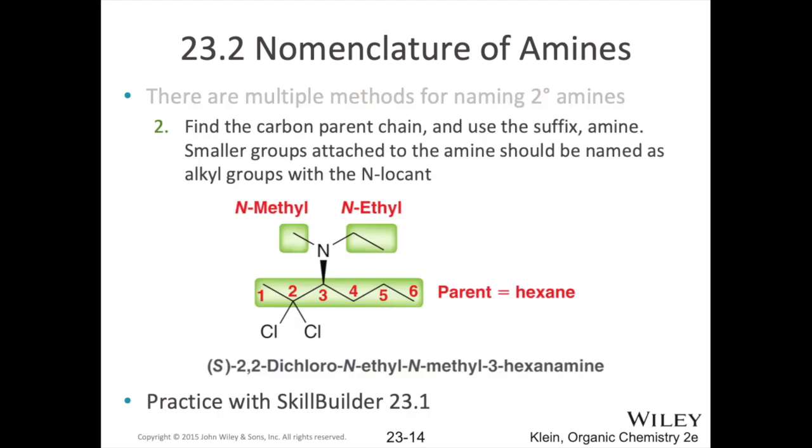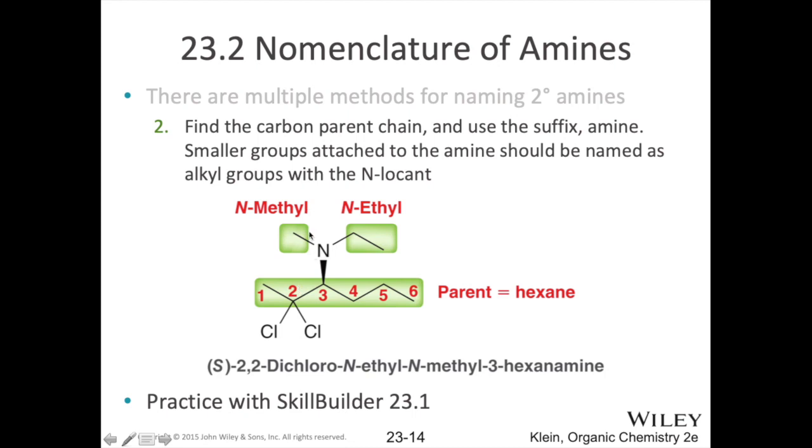If we're using IUPAC, you have to look at the other alkyl groups as substituents on the nitrogen of the amino group that's on the main parent chain. In other words, you look for your main carbon chain that has the nitrogen attached to it, and you name that accordingly, just as you would any primary amine.